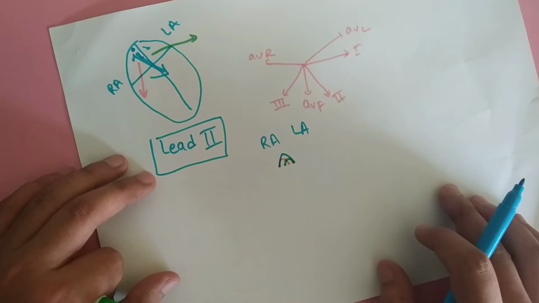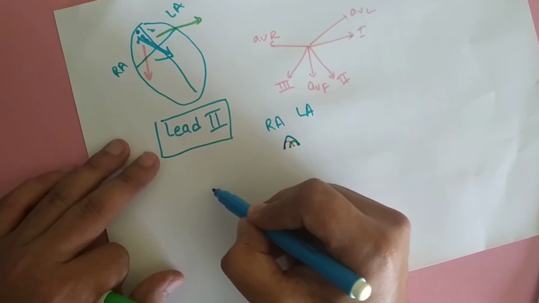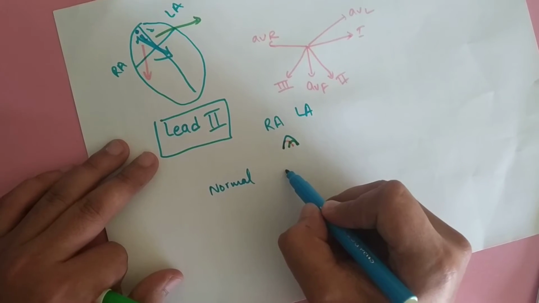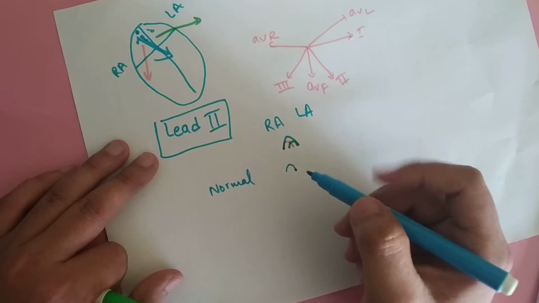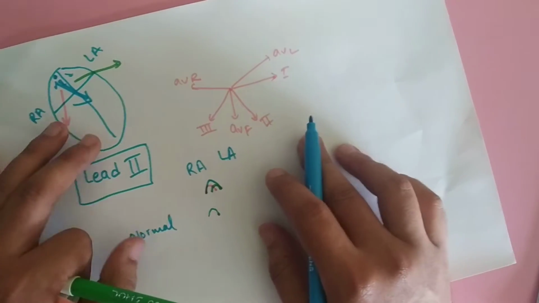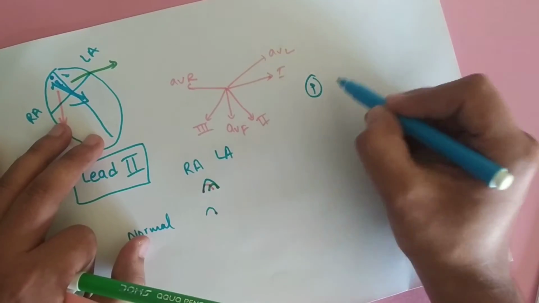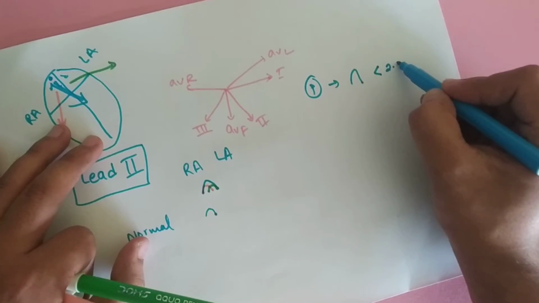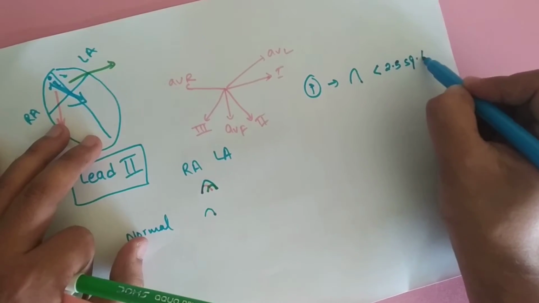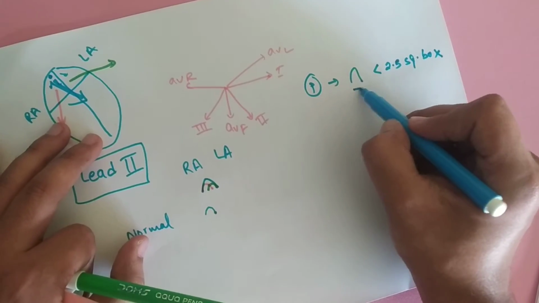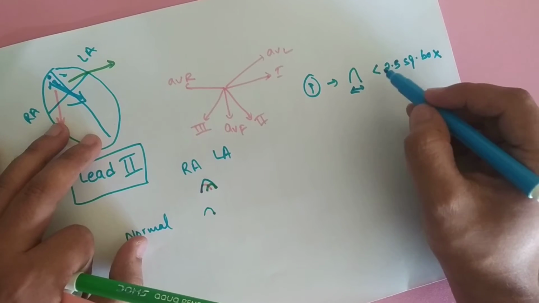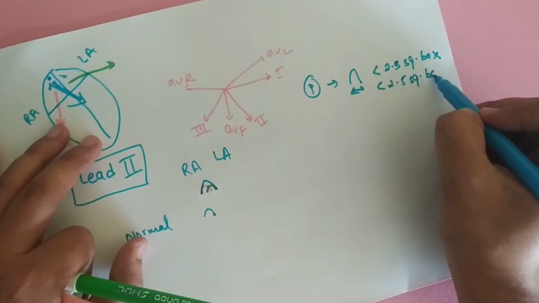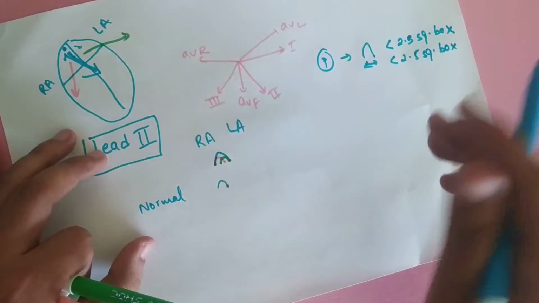So in the normal case, this will be our P wave, and we have already discussed in previous videos the criteria for the P wave. The height of the P wave must be less than 2.5 small square boxes, and the length occupied by the base of the P wave is also less than 2.5 small square boxes. So this is the normal criteria for the P wave.